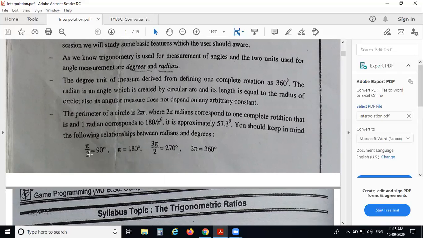These are some basic concepts related to radians.